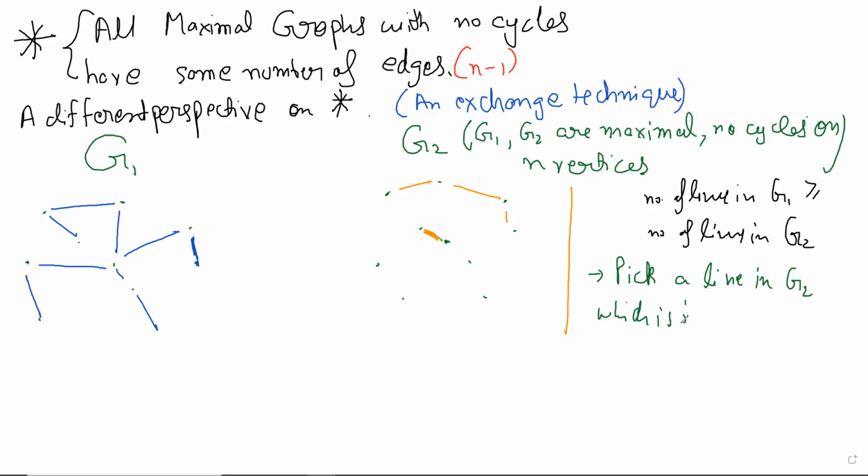The vertices I have drawn in the same way so that you can see they are the same, but the edges are different. How do I pick a line which is in G2 but not in G1? This is one example. I'll pick that line.